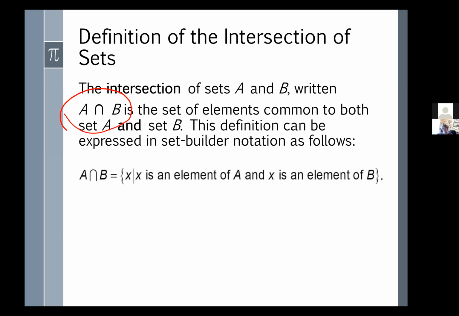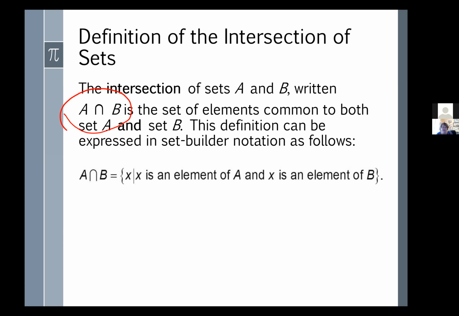The intersection of two sets are the elements the two sets have in common. Remember, elements are the members of the sets. So if your two sets have any elements in common, that's the intersection of those two sets.